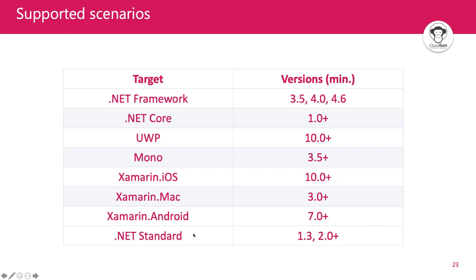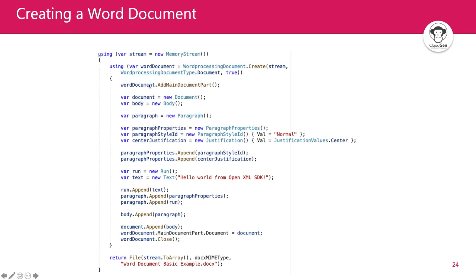Fortunately, it supports .NET Standard, which means that Xamarin mobile applications are also supported. But .NET Framework, .NET Core, of course, are also part of the target of this library.